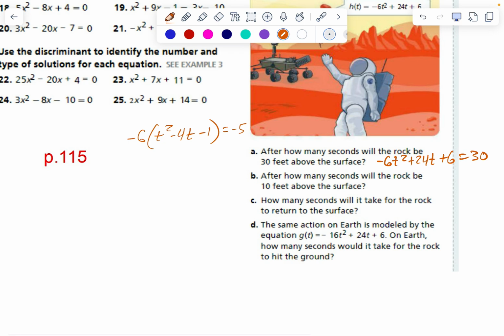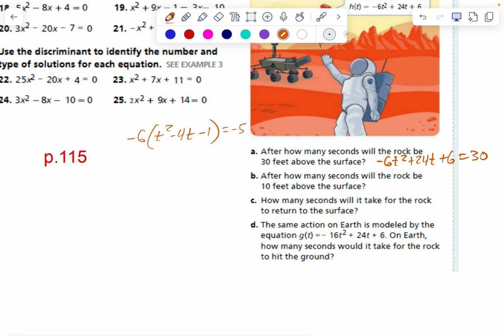I'm trying to think, because it's not set equal to 0. Anyway, are you going to be able to factor? So we're going to use quadratic formula or completing the square, either one. At this point, you need to be able to do both, but you also can use your preference on some problems. Okay. Part B, after how many seconds will the rock be 10 feet?